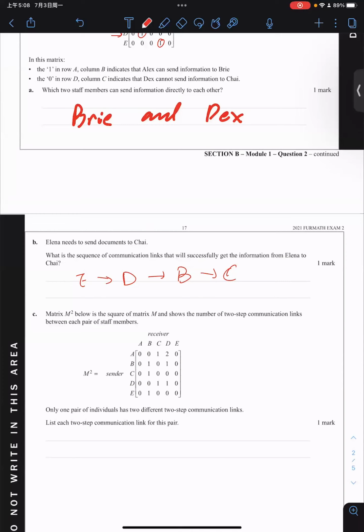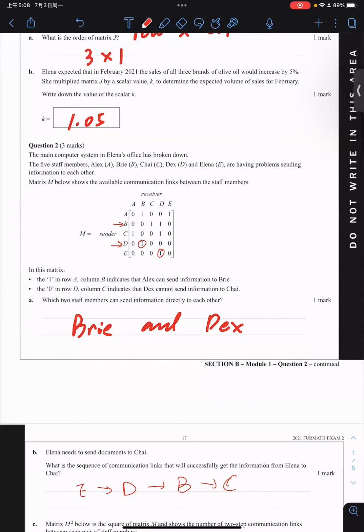All right. There is only a number 2 here, which is sender A and receiver D. That means we have two ways, two-step ways of sending to him. And from A to D, if we look at the receiver D, it can be reached from Bree, Chai, and Elena.